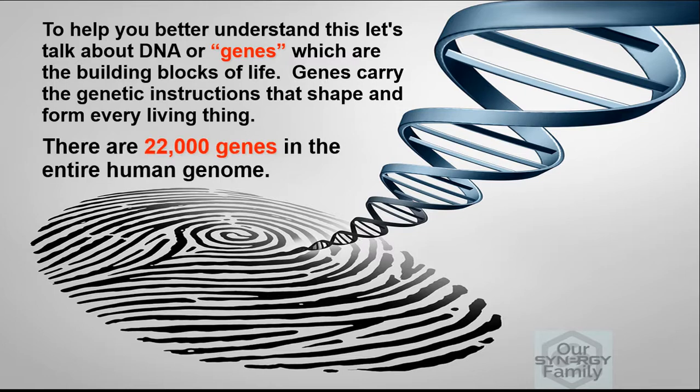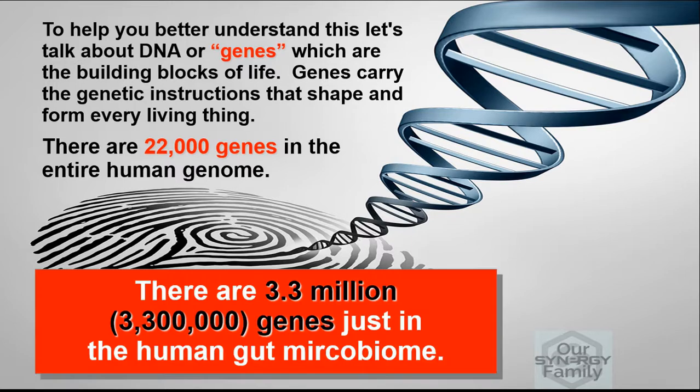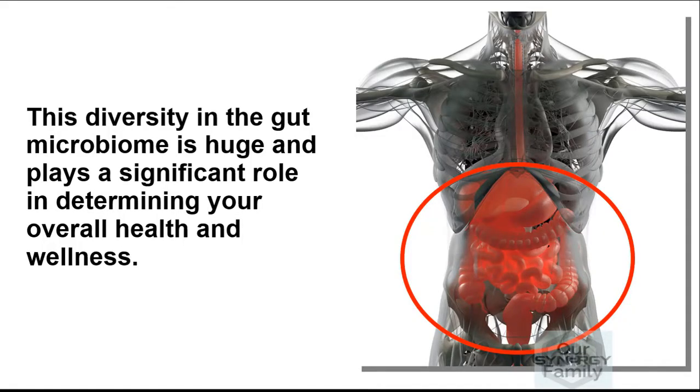There are 22,000 genes in the entire human genome. There are 3.3 million genes just in the human gut microbiome. This diversity in the gut microbiome is huge and plays a significant role in determining your overall health and wellness.